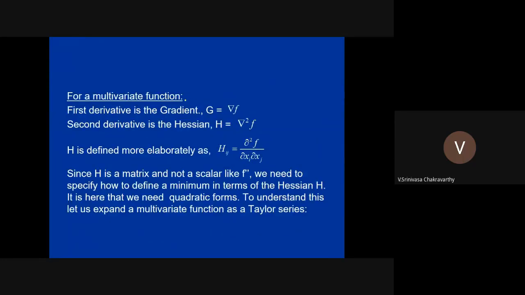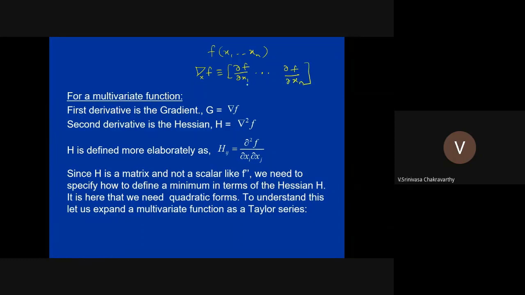Let us look at that. For a multivariate function, the first derivative is a gradient, which we already kind of guessed. So f is a multivariate function dependent on n variables. Del f with respect to x is defined as dou f by dou x1, and so on, up to dou f by dou xn.